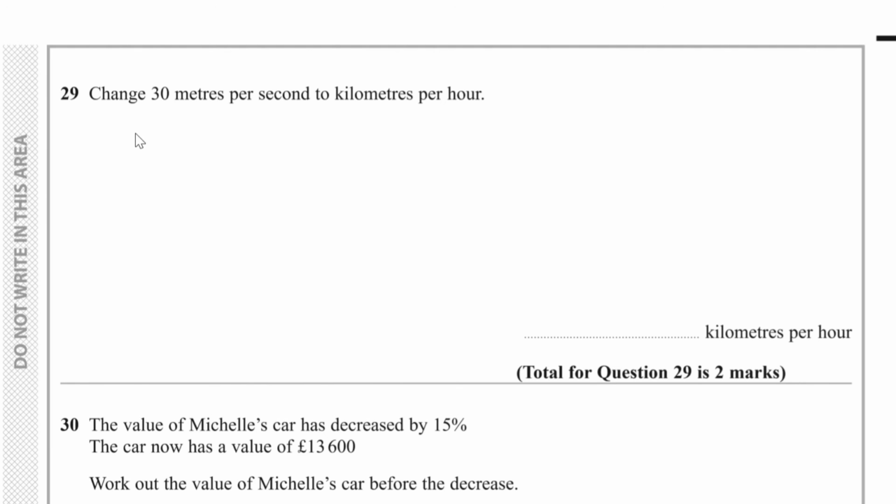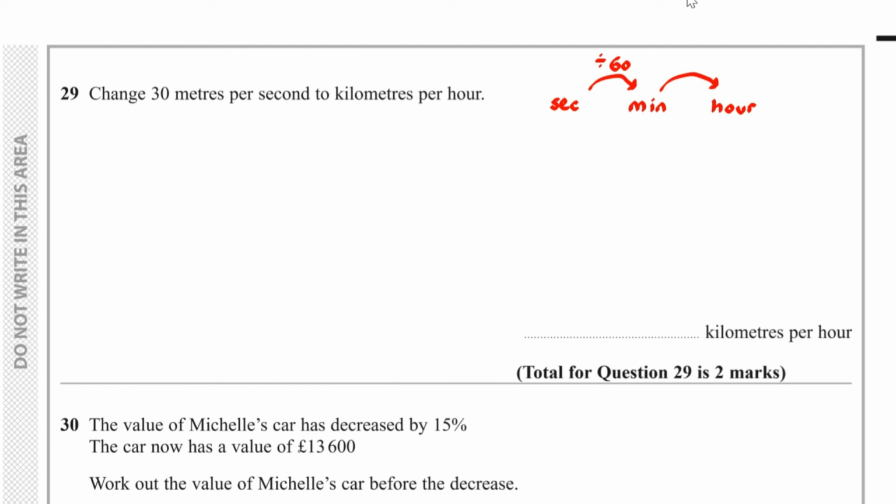Question number 29. We have to change 30 meters per second to kilometers per hour. So first of all, to go from seconds to minutes to hours, seconds to minutes, I divide by 60.